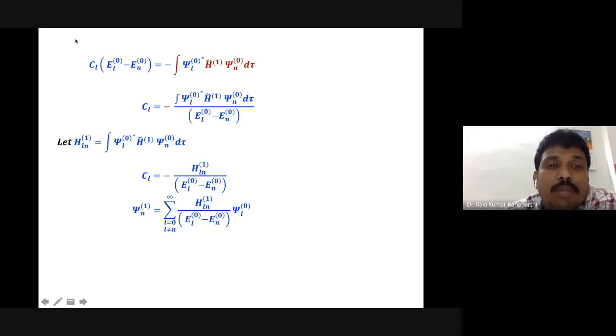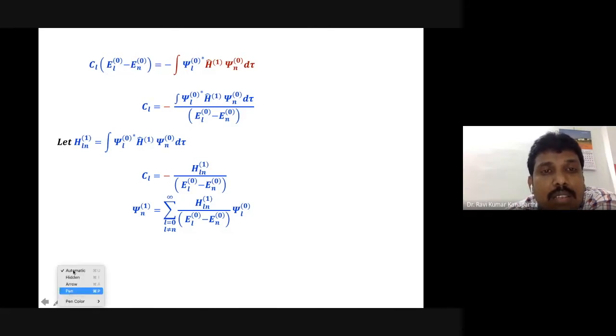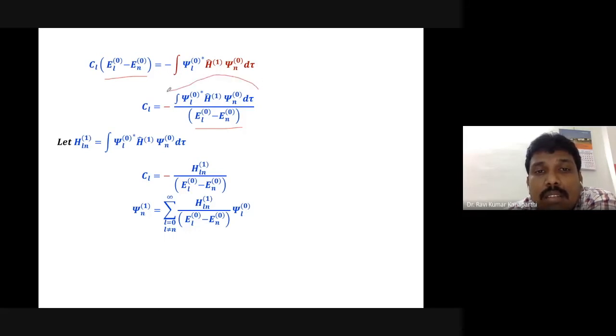Now CL, from this you can calculate. CL multiplied by EL0 minus EN0, that factor you can move to the other side, and when you move it to the other side it goes to the denominator. So it is actually minus the integral of this factor, divided by EL0 minus EN0.